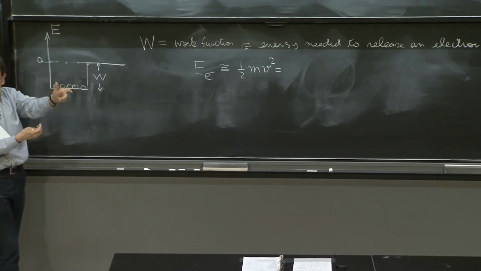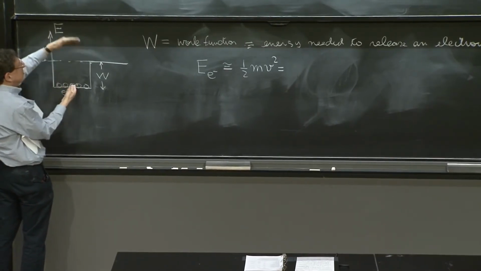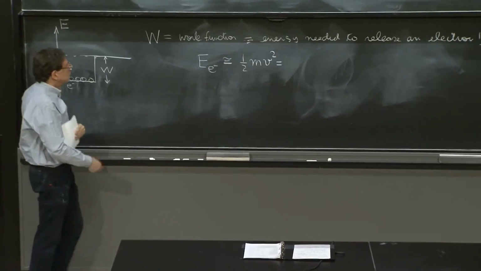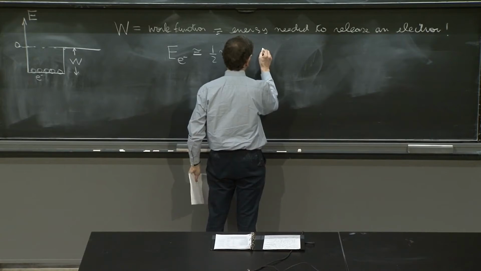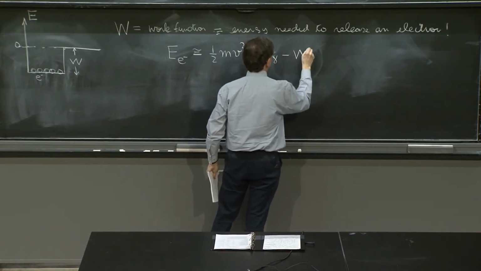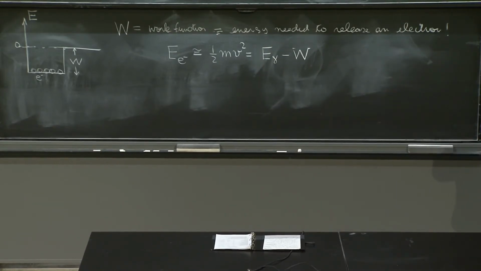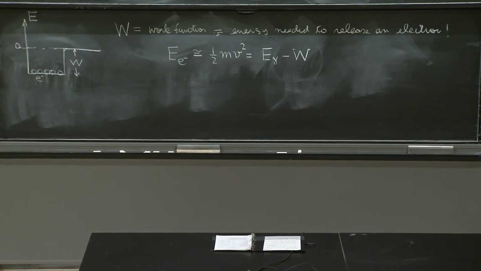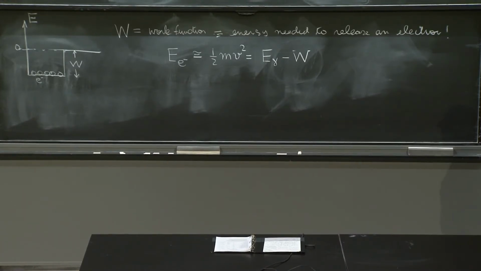So you supply a photon, some of the energy goes into the work function, but the rest of the energy goes into giving free energy to this electron. So you would have the energy of the photon minus W, which is what you need to just take it out with zero velocity. And then the rest of the energy of the photon would be transmitted as kinetic energy of this electron.